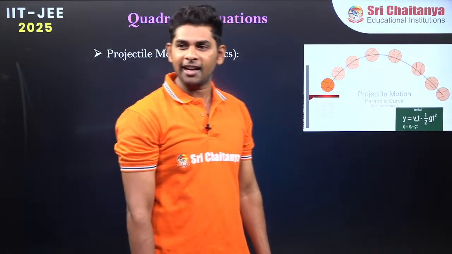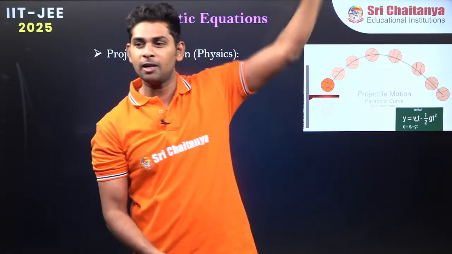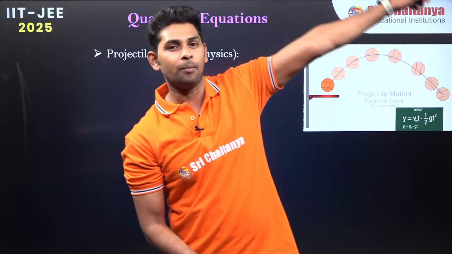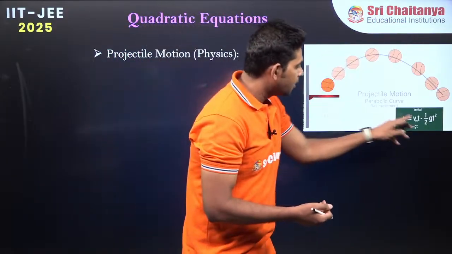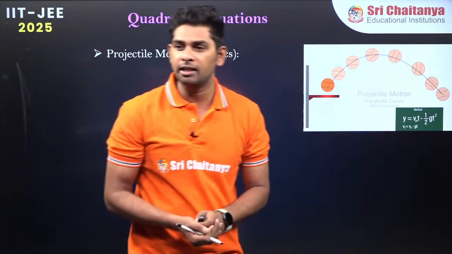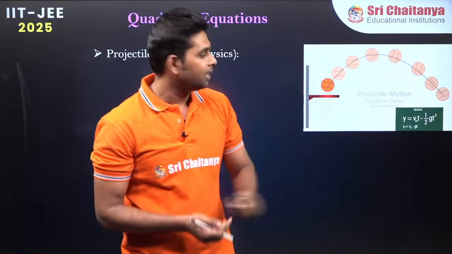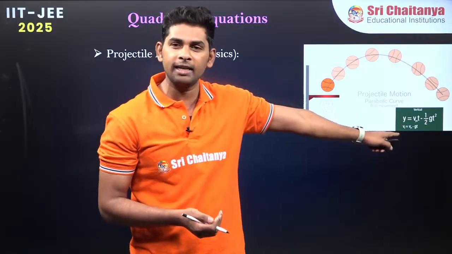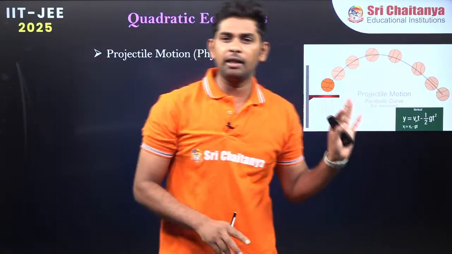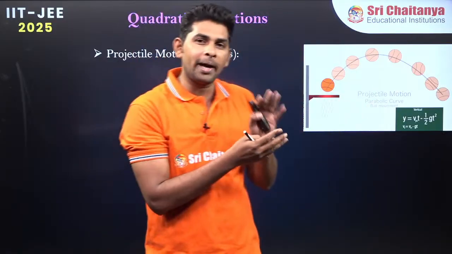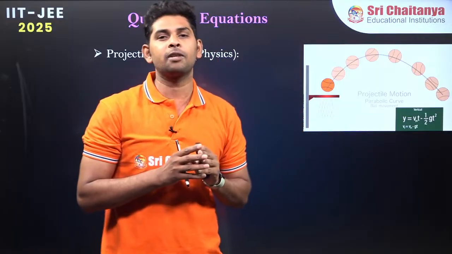Cricket, okay, I also like cricket, but here we are going to discuss the cricket ball also takes a parabolic form. I am just showing basketball here. So you can see v naught t minus half g t square, where t is time, g is gravity and v naught is the initial speed when you throw the ball. If you put all this in this equation, you get a parabolic equation. This equation represents a quadratic equation in terms of t.